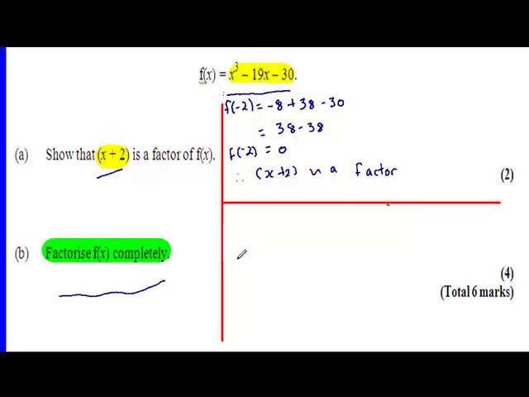So here, we'll rewrite x cubed minus 19x minus 30 as a product of the linear factor x plus 2 times by the quadratic, which is ax squared plus bx plus c.